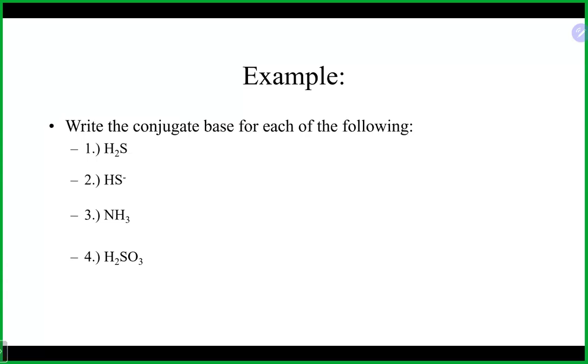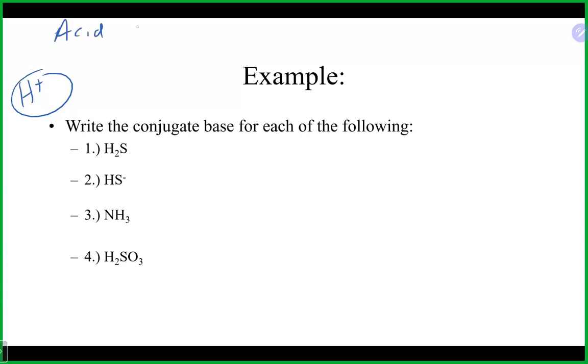So again, remember that the only difference in these things is an H plus. And the problem people sometimes have is, do I put the H plus on or do I take the H plus off? And that's the important thing to try to figure out. So understanding the relationship of the Bronsted Lowry definition is important. That can help you figure it out.